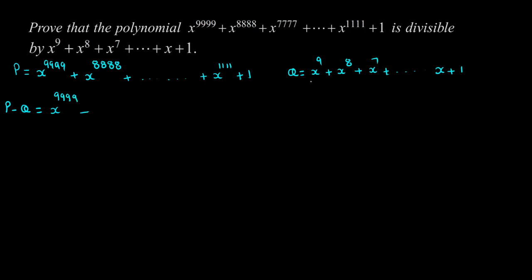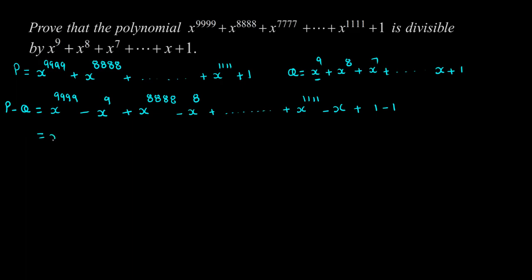So I can write it as x raised to power 999 minus this term, that is x raised to power 9, plus now x raised to power 998 and here minus of x raised to power 8, plus similarly x raised to power 11 minus of x, plus and 1 minus 1.